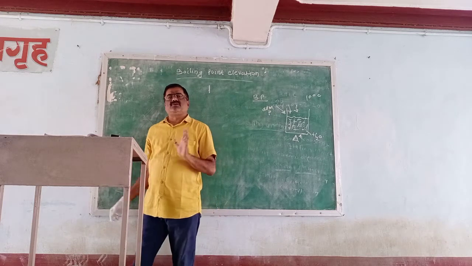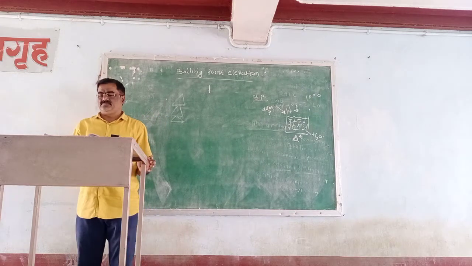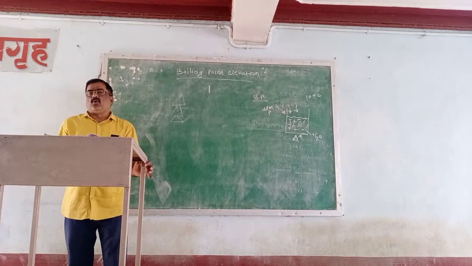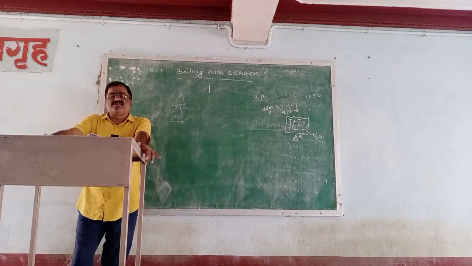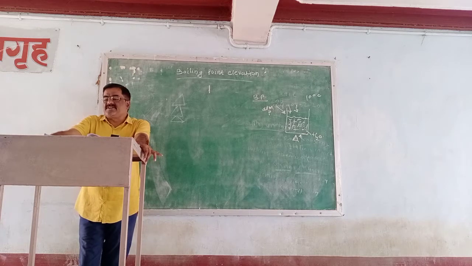Now we have to discuss the boiling point elevation. The boiling point of a liquid is the temperature at which the vapor pressure equals the applied pressure. For liquids in an open container, the applied pressure is the atmospheric pressure.